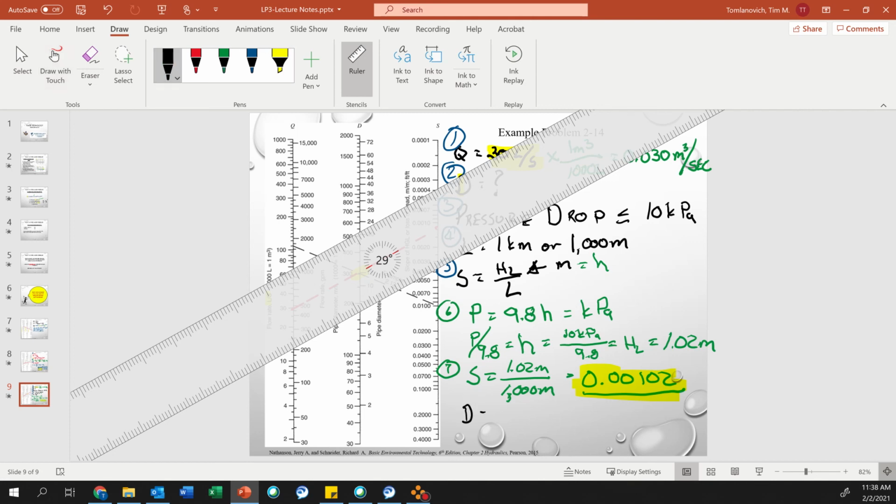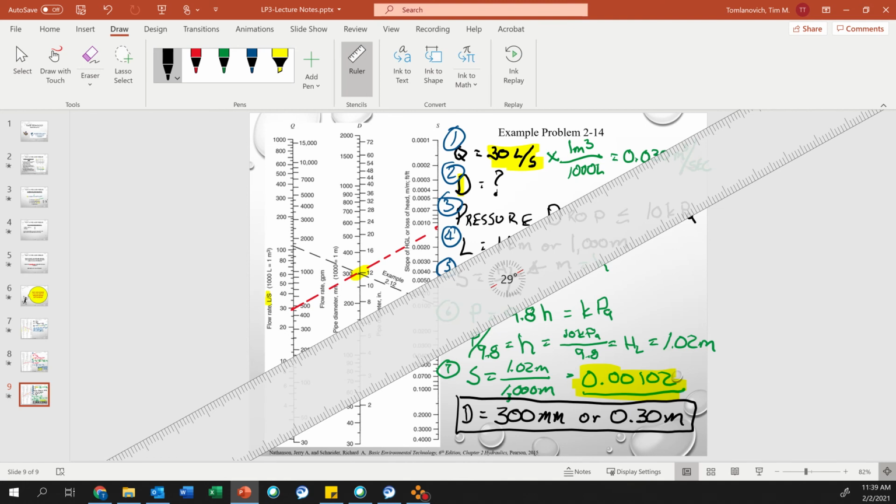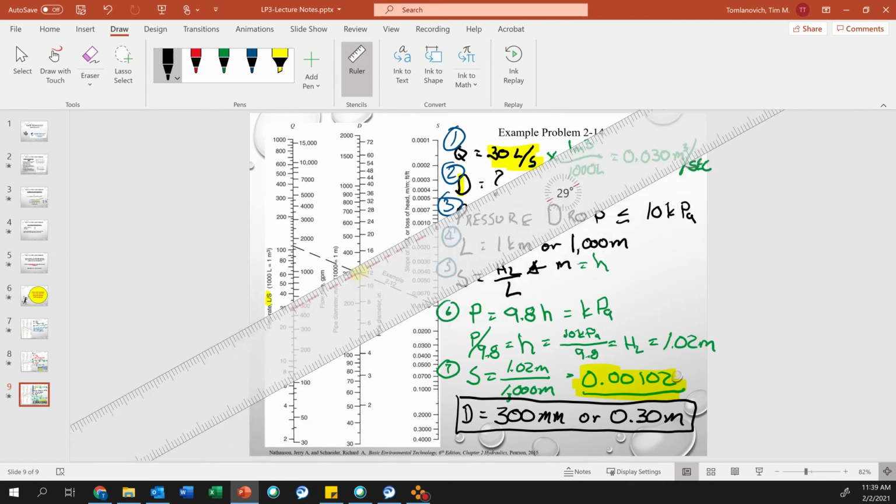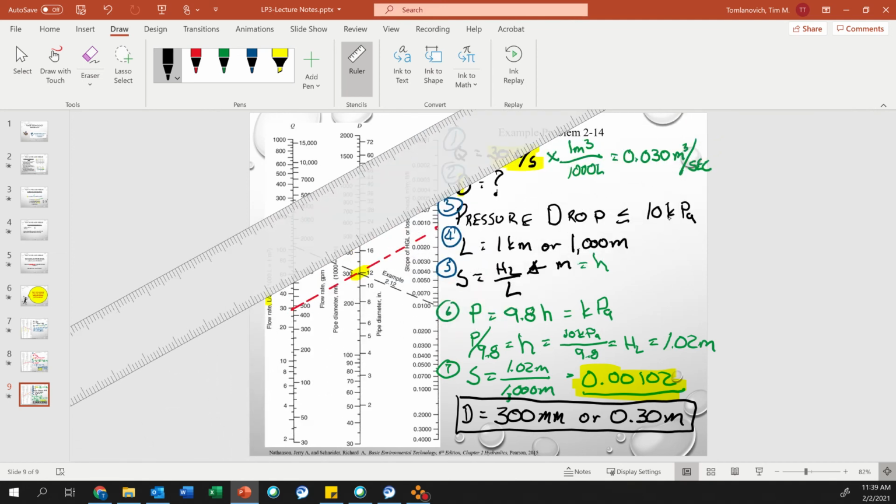From the graph, D equals 300 millimeters, or 0.30 meters. So a diameter of 300 millimeters can carry a flow of 30 liters per second at a hydraulic grade line of 0.00102 without exceeding a pressure drop of 10 kPa per kilometer of pipeline. Okay? So that is the example.